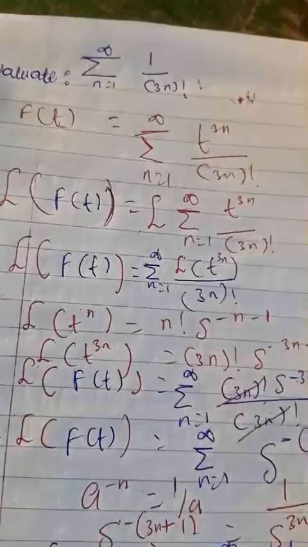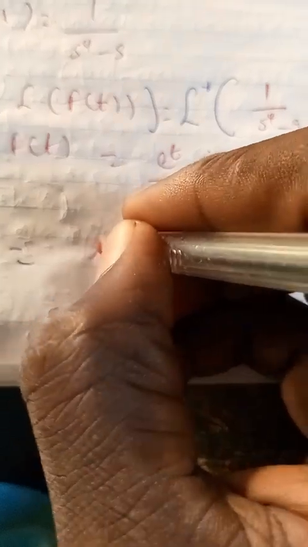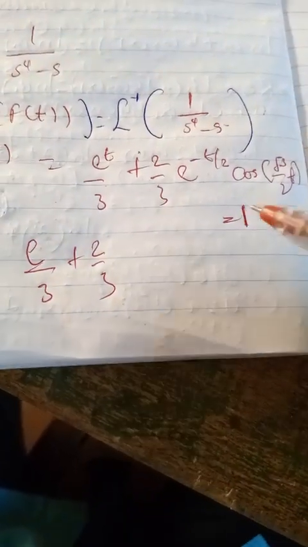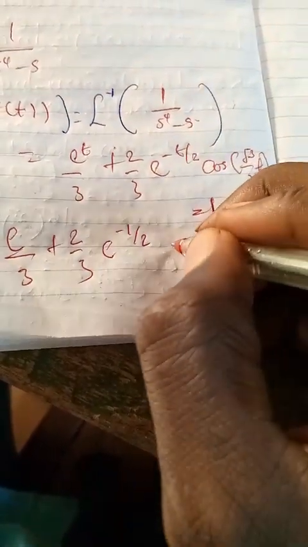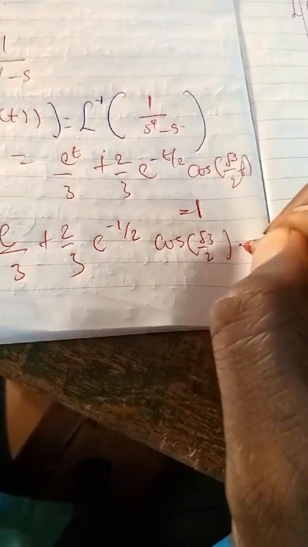Now from this function f of t, I say that my t is 1. At t equal to 1, I have f of 1. Substituting t for 1, f of 1 is equal to e raised to the power of 1 over 3 plus 2 over 3 e raised to the power of minus 1 over 2 cos of root 3 over 2, minus 1.